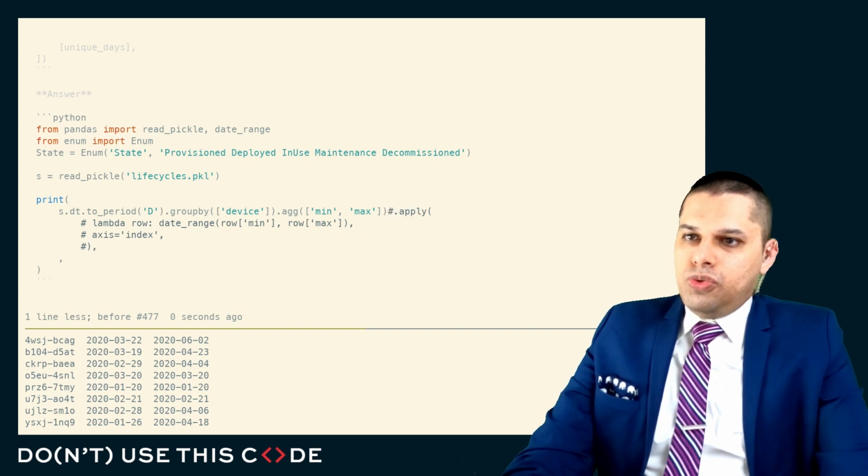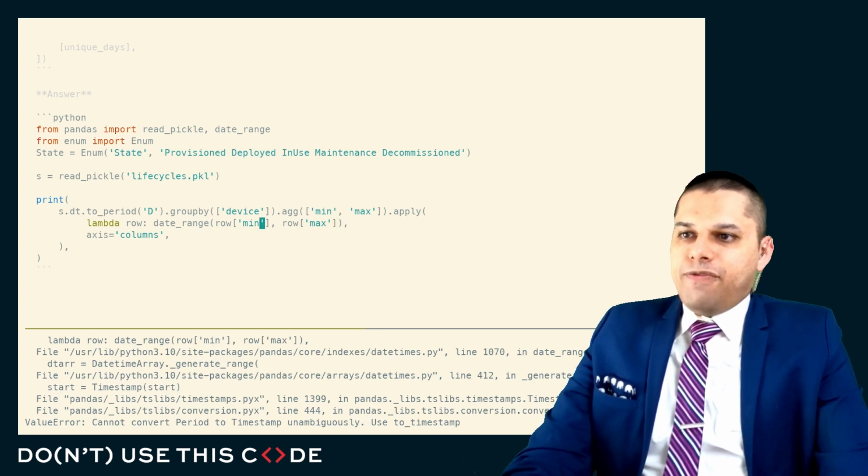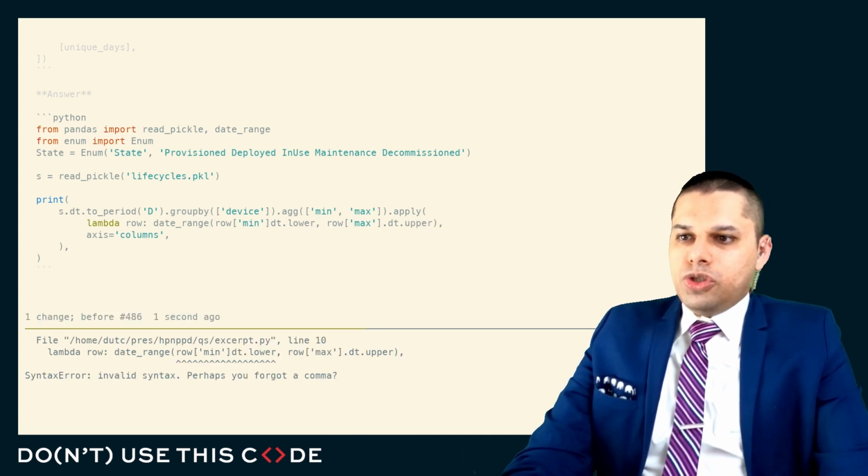And what we can do is, we do want to do an apply here. And maybe I got the axis here wrong. And there we go. And then here, we have a period object. Here, we can just do the lower bound of this thing and the upper bound of this thing. And that should give us our date range.